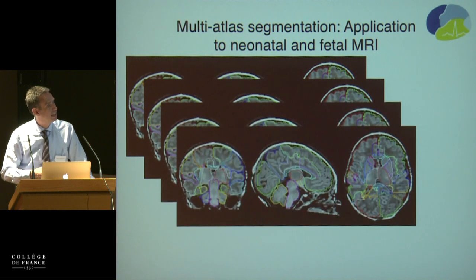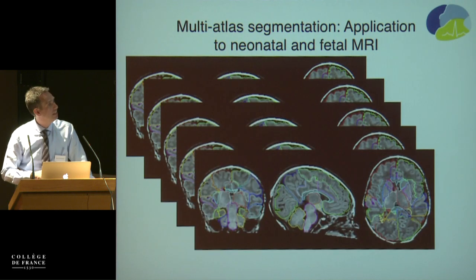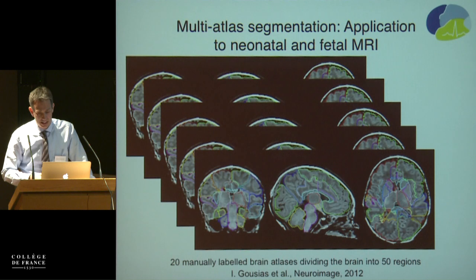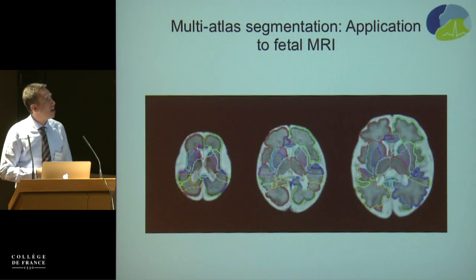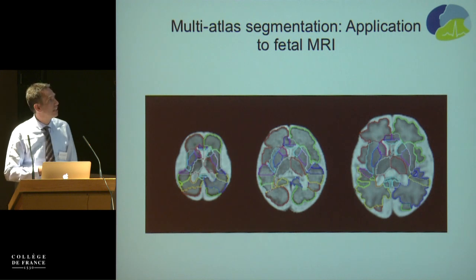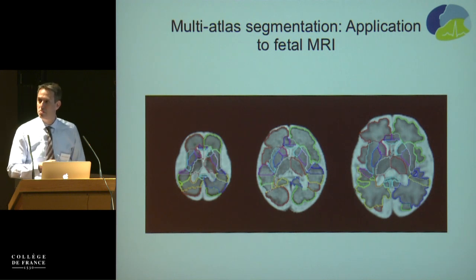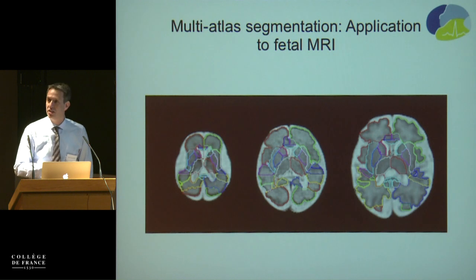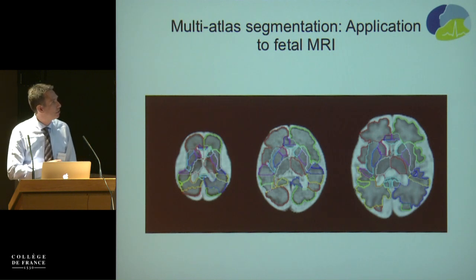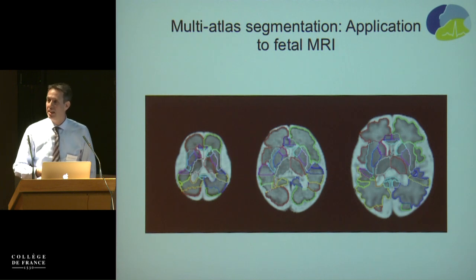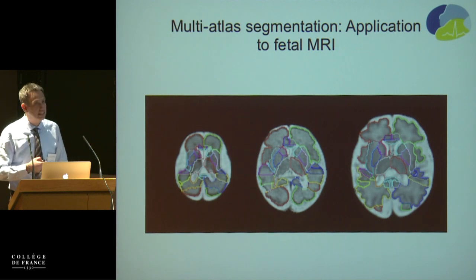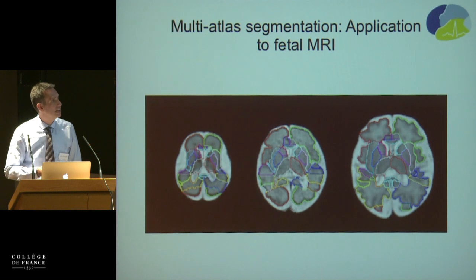So we have an entire database of these neonatal brains. We register them on our new image, and we can now start for the first time to look at the fetal brain. So this is a brain at different ages during gestation, from a very young brain to a much older brain, and we can automatically find different structures in the brain and label them completely automatically.